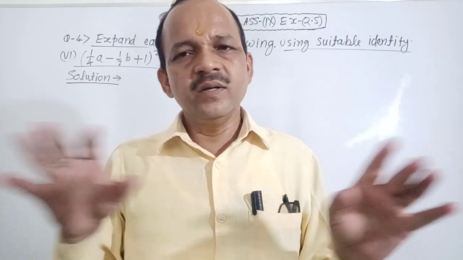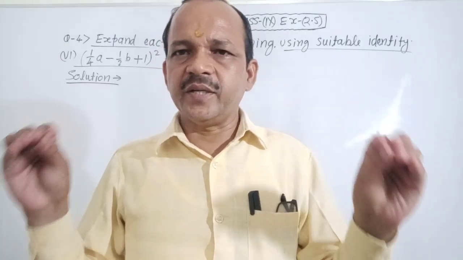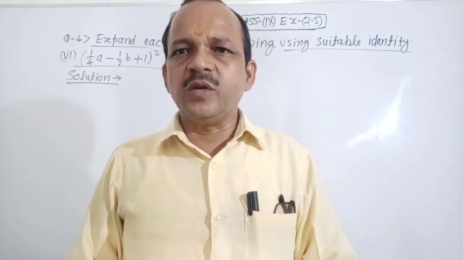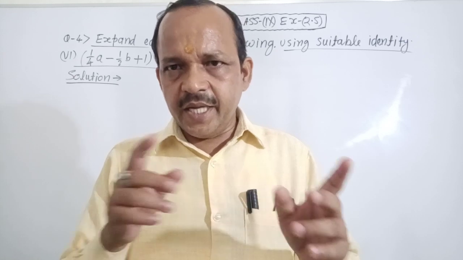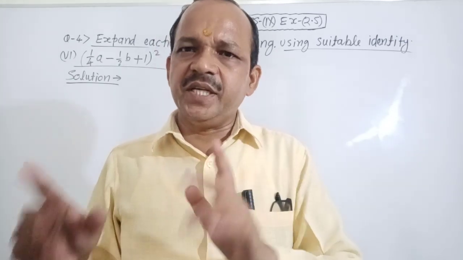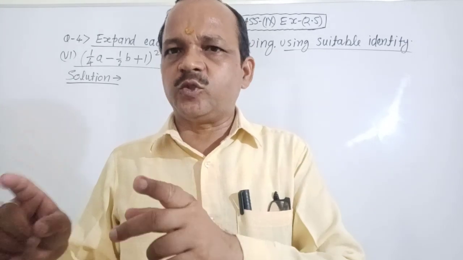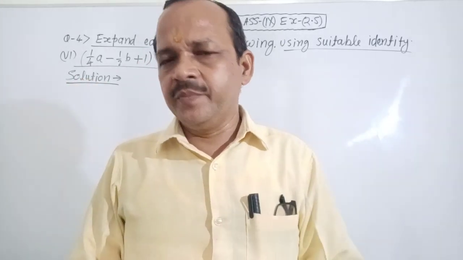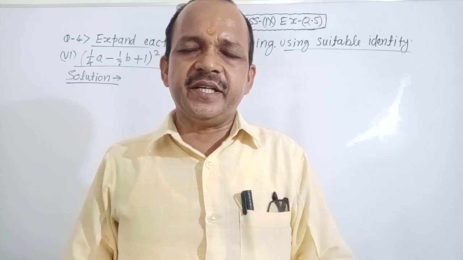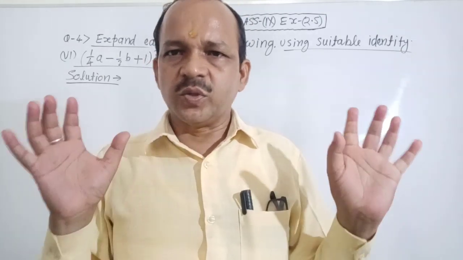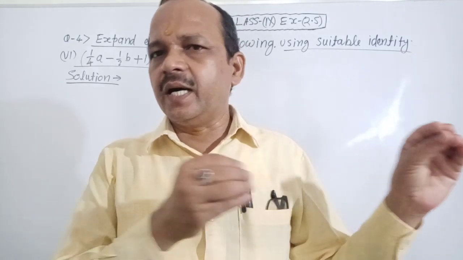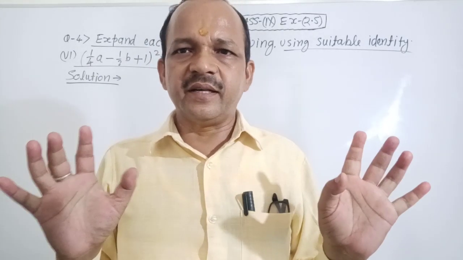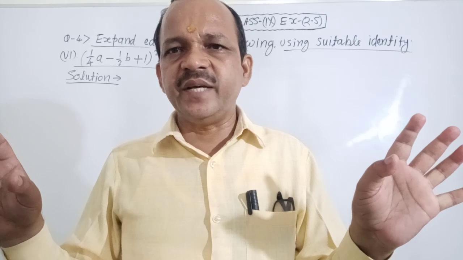The suitable identity is (a + b + c) whole square equals a square + b square + c square + 2ab + 2bc + 2ca. You can use this identity for the following question. It means you can solve the following question with the help of this suitable identity.